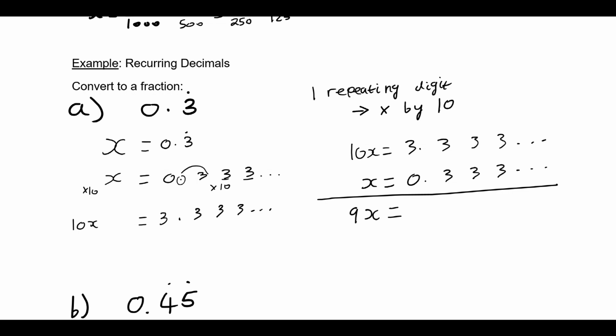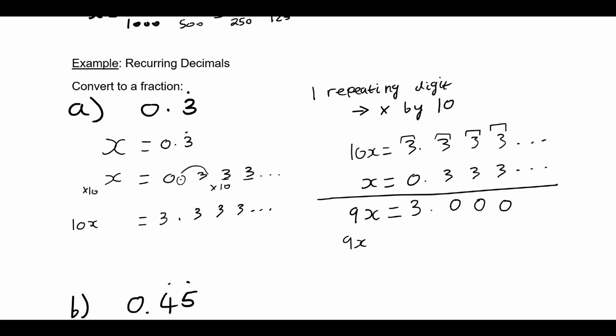So here I can see that I have the tenths lined up, the hundredths lined up even, the thousandths, and the units lined up. And I just subtract column-wise as I normally do. 3 take away 3 is 0 in the thousandths column, 3 take away 3 is 0 in the hundredths, 3 take away 3 is 0 in the tenths. I have my decimal point, 3 take away 0 is 3, I've got 9x is equal to 3.